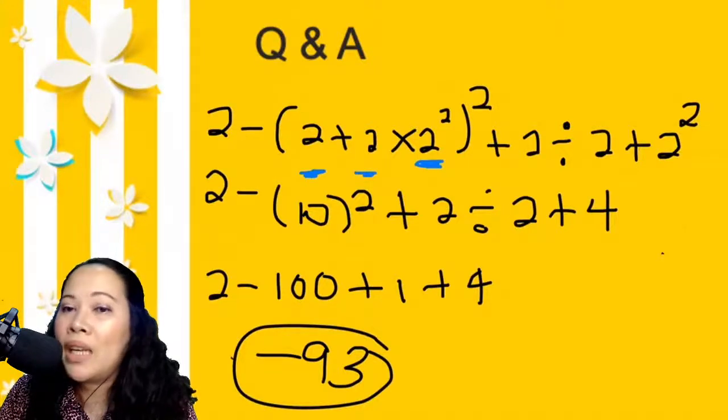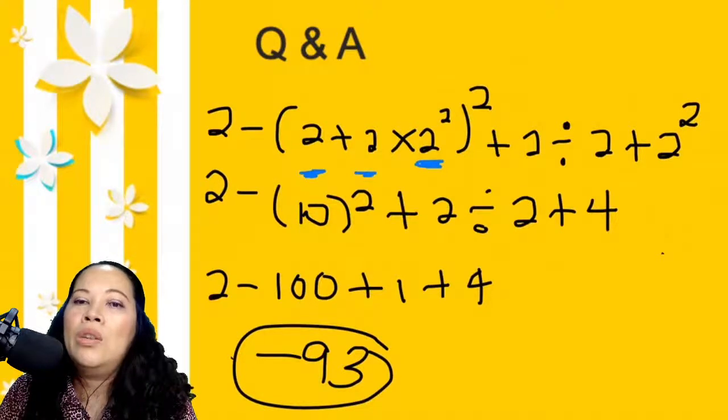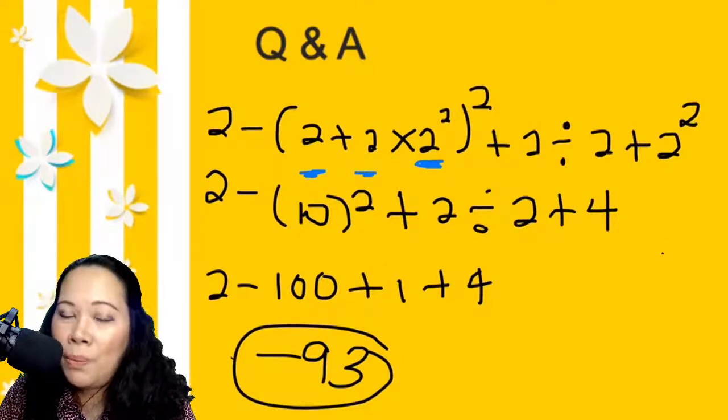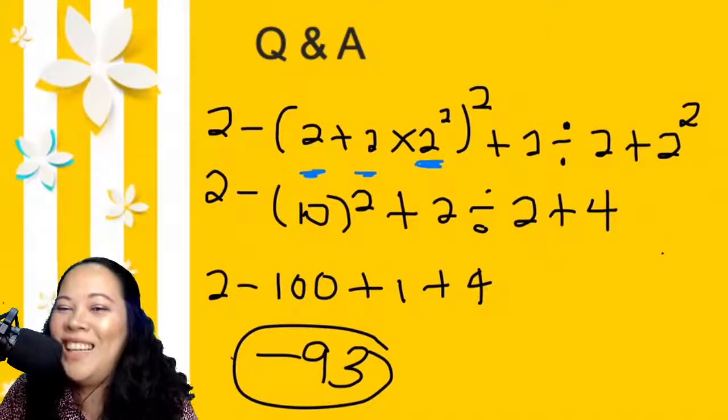So we have brackets first. You deal with everything inside the brackets first, and then you deal with those with indices or power, and then you deal with the division answer.